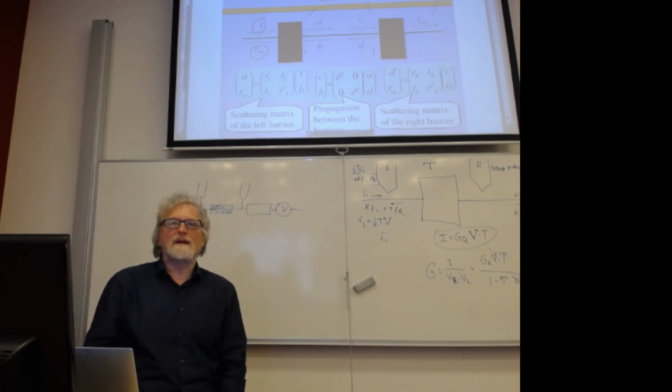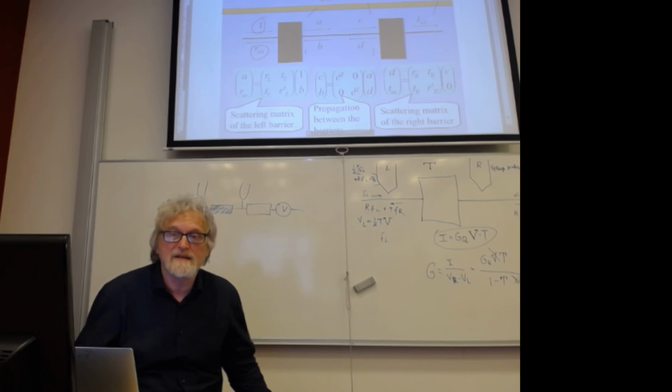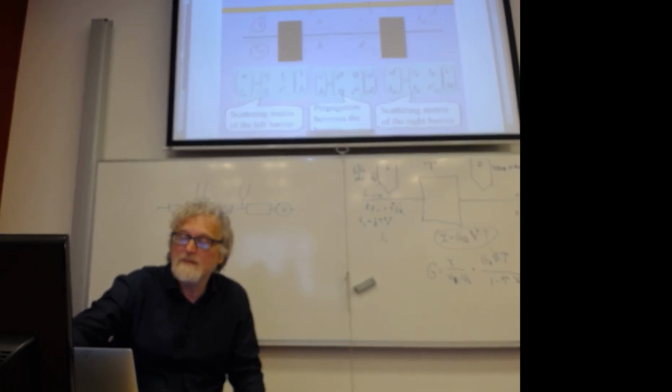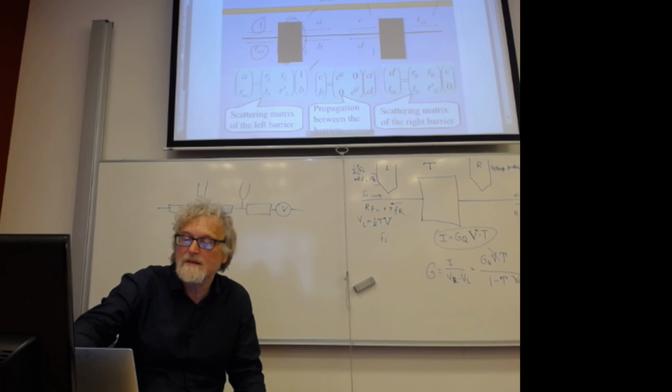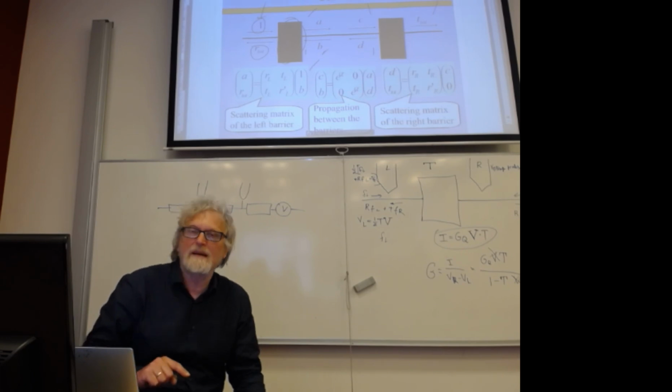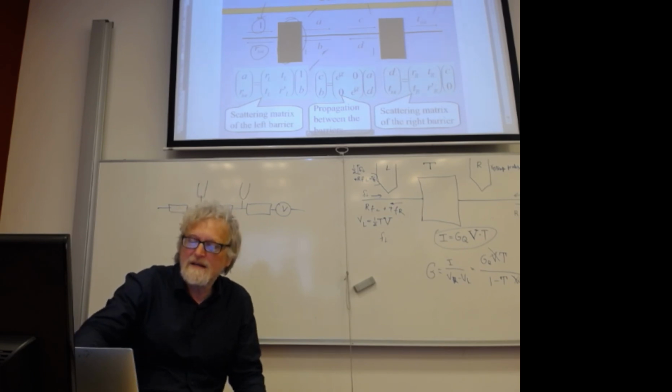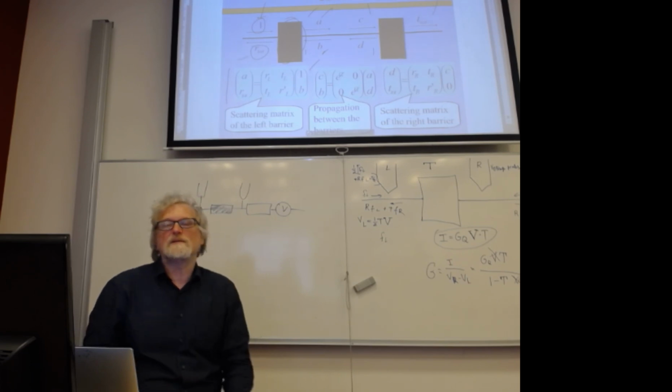Now what we need to do first is to make equations for all these variables. How can we make equations? We can use scattering matrices. Left scattering matrix: the incoming waves with amplitude 1 and amplitude B are transformed to outgoing waves A and F total.